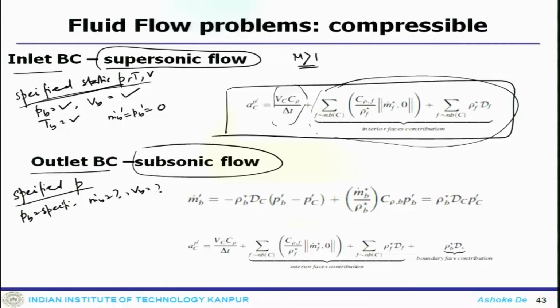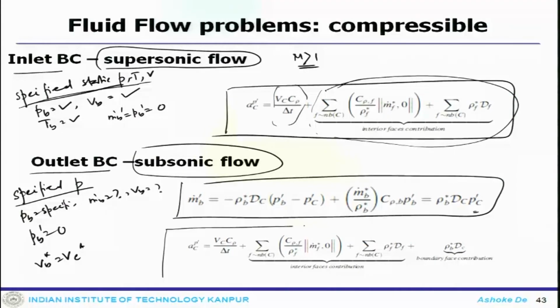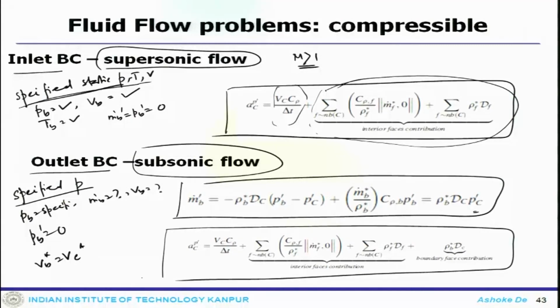So, once pressure is specified, your Pb corrections would be 0, and the mass flow corrections can be estimated like this, where rho b star dc Pc prime is computed, and since Vb star is not known, it is necessary to assume that Vb star equals Vc star, and the expression for the pressure correction coefficient Ac would be modified like Vc Cp by delta T, and then you have all this contribution from the interior node.